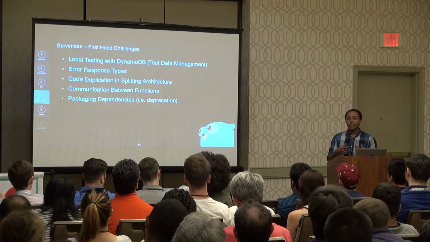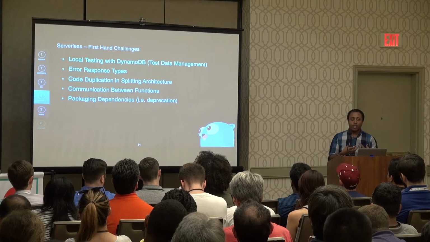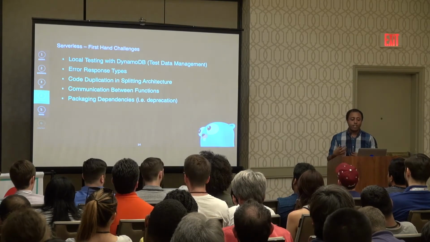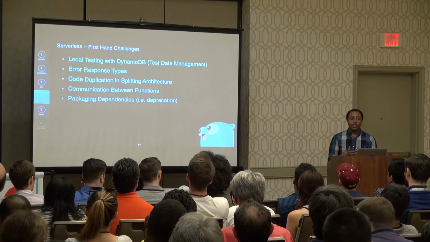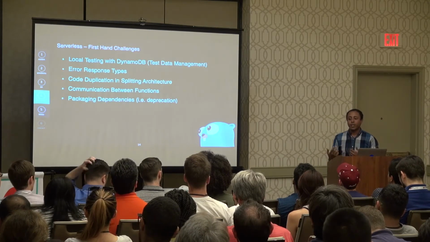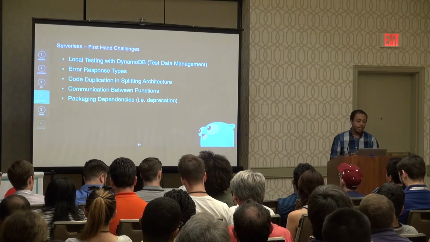So you have to actually go in and change the response types for these functions that you write, and control the statuses that you get back. There's a difference between your function executing correctly and returning a bad response, and you have to figure that out.